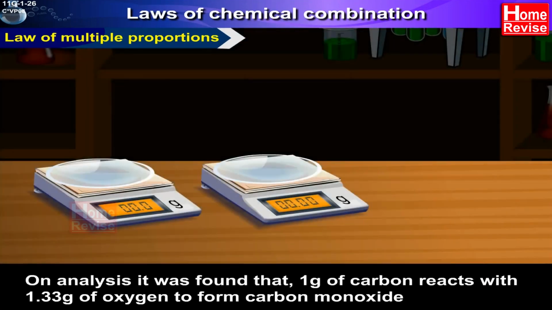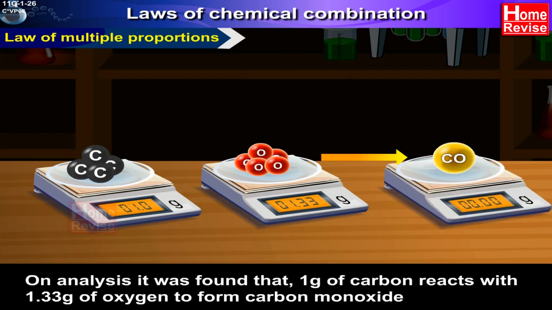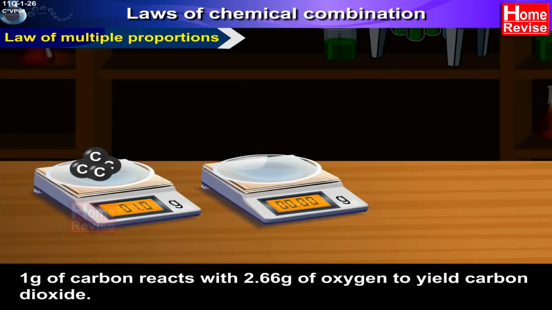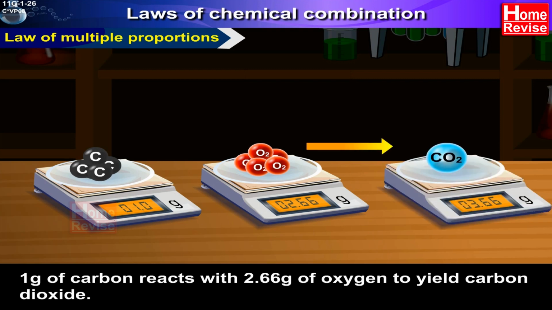On analysis, it was found that 1 gram of carbon reacts with 1.33 grams of oxygen to form carbon monoxide, and 1 gram of carbon reacts with 2.66 grams of oxygen to yield carbon dioxide.